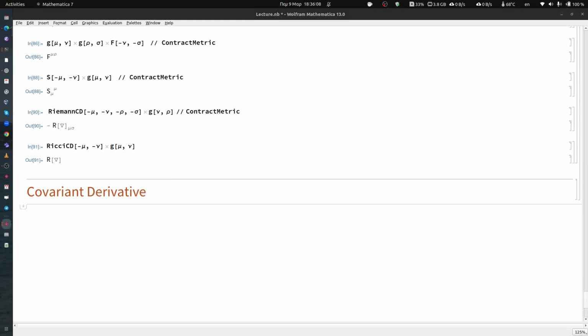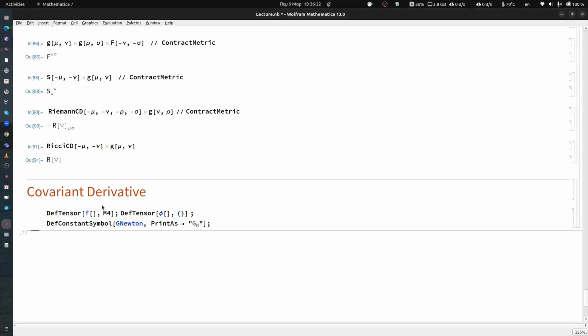Now let's look at the covariant derivative that comes with the metric. Before we do that, let's also define some scalars, some functions. So f here is a function on the manifold, and phi, you see it's defined again as a tensor with no indices, but there is no manifold attached to it.